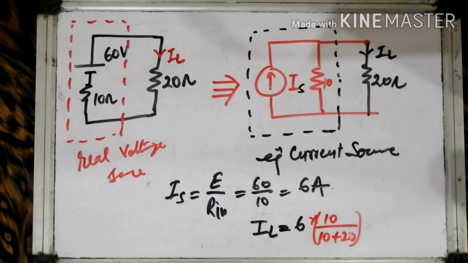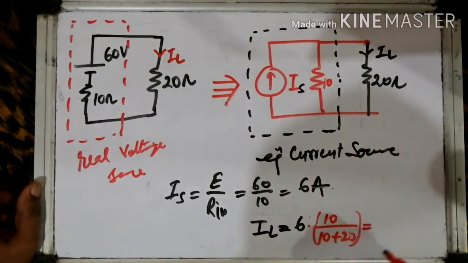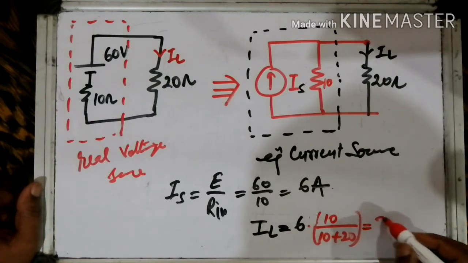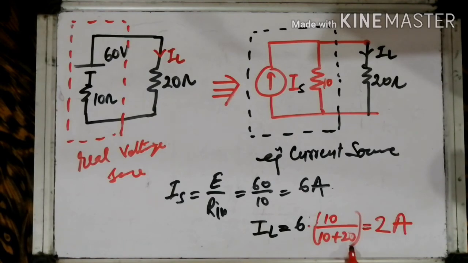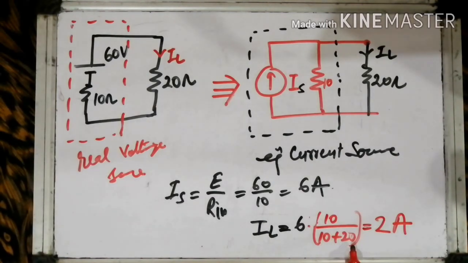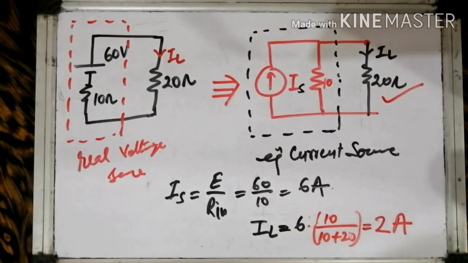This one is the current division rule. So 10 plus 20 is 30. Right? It is 1 upon 3. So cancel this 6 by 3. It becomes 2 ampere. 2 ampere is the value of current passing through the 20 ohm resistor. Right?